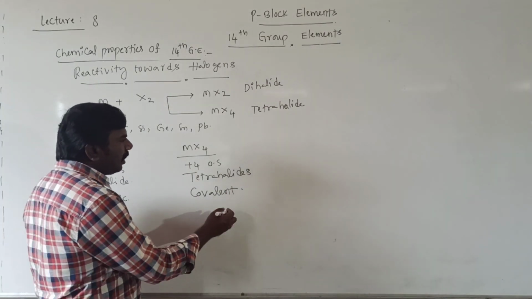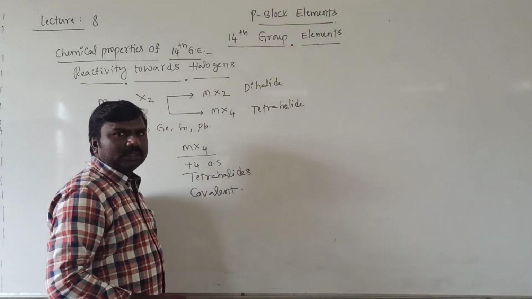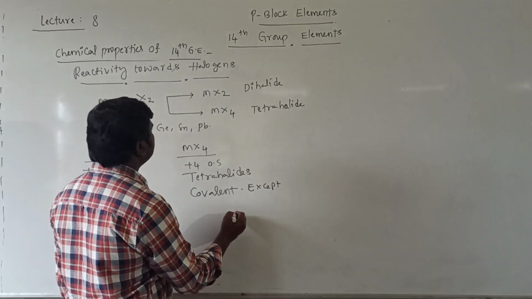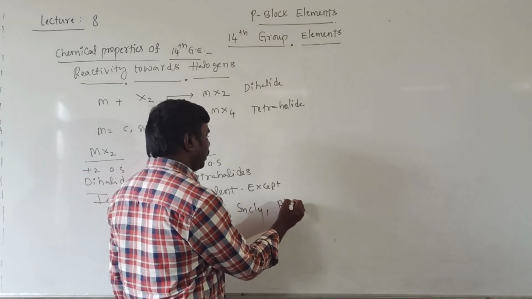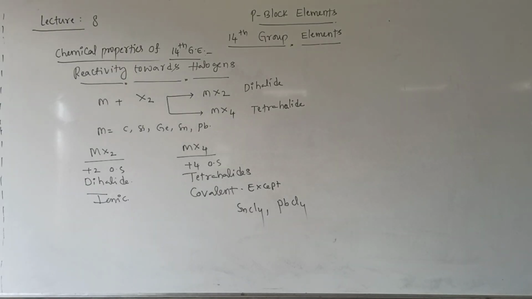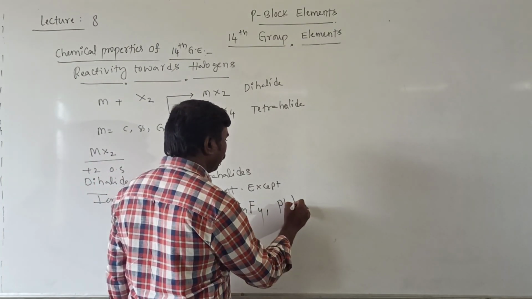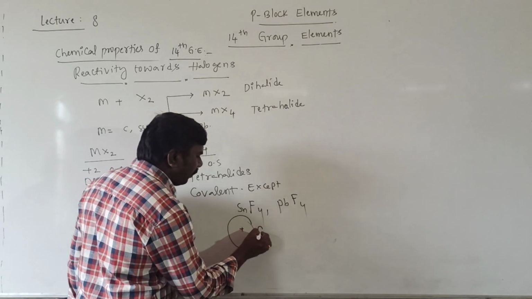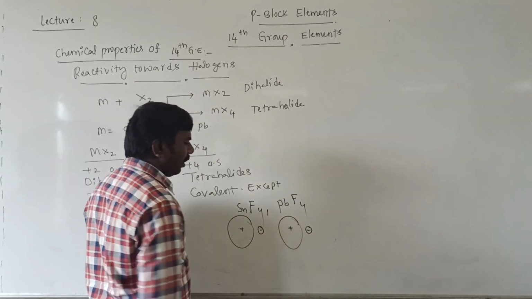Here, CCl4, SnCl4 and all are covalent, except one exception: SnF4 and PbF4. The reason is that stannous and lead are large cations and fluoride is a small anion.